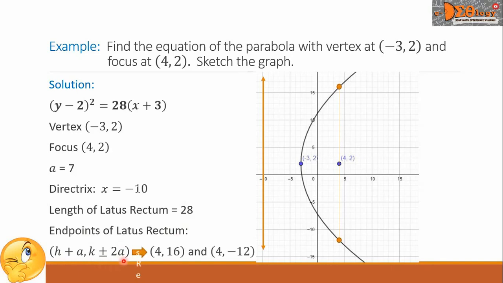So the points are (4, 16), and this is that point, and the other point is (4, -12). This is the other endpoint.